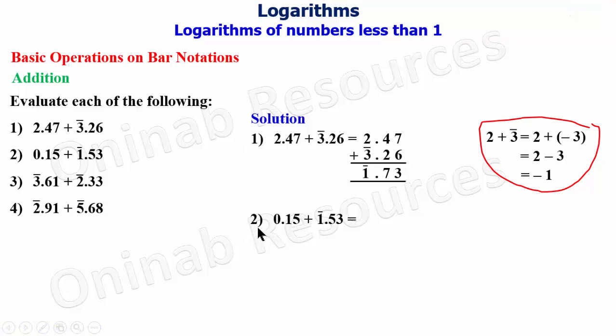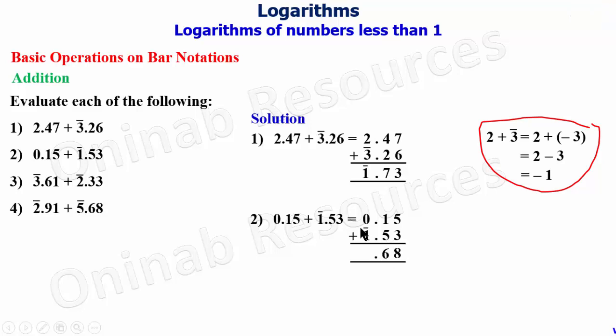Now problem 2. We have 0.15 plus bar 1.53, still in tabular form, 0.15. Then plus the bar 1 is coming under the 0. Place your point. 5 is coming under 1, and 3 is coming under 5. We then add 5 plus 3 gives 8. 1 plus 5 gives 6.